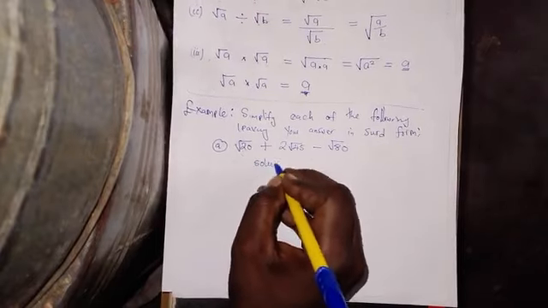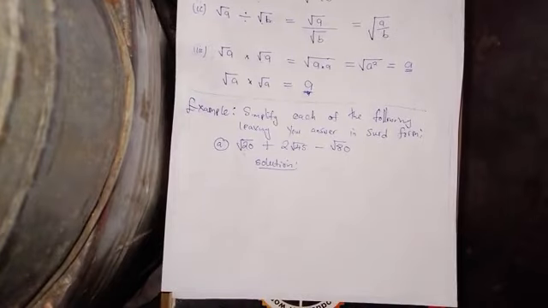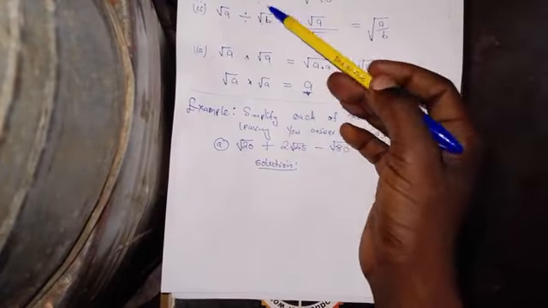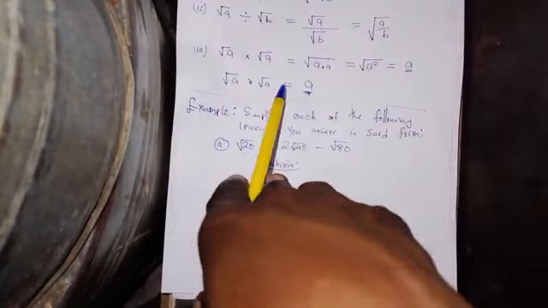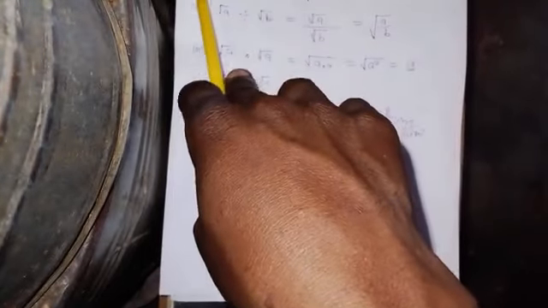What are we going to do? Here we're going to use the same concept, the properties we talked about in the first place: issues of multiplication and division of these surds. Those three properties are what we are going to apply.